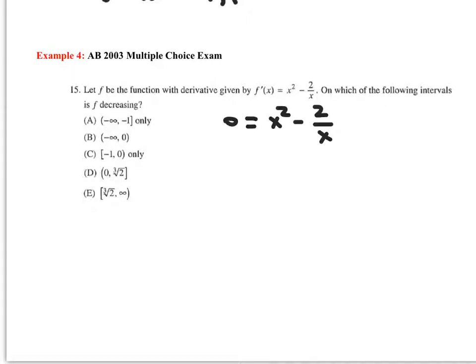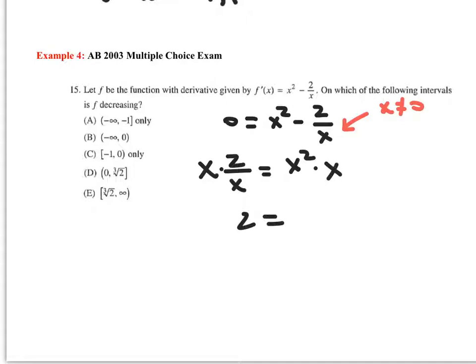Okay, so as I look at the function for the derivative, I know because of this x in the denominator that x cannot equal 0. That doesn't help me to get rid of any possible answers over here or to eliminate any, but I'll just continue to work from there. Then I would probably move this 2 over x to the right side, and then multiply both sides by x.